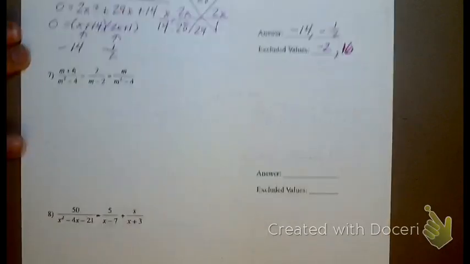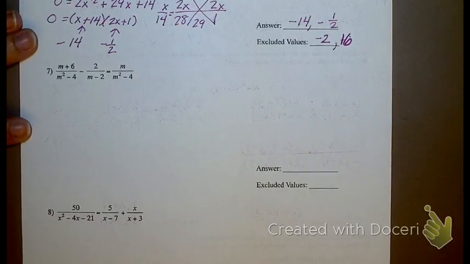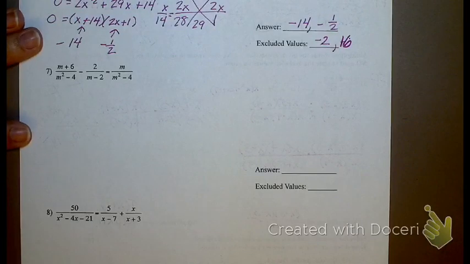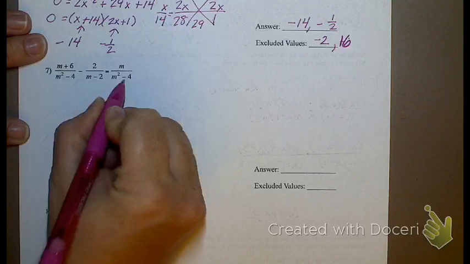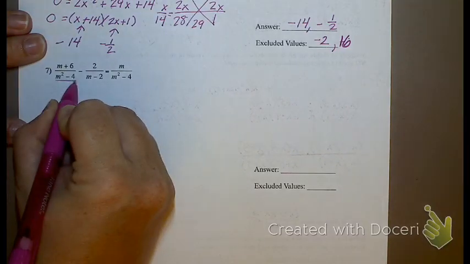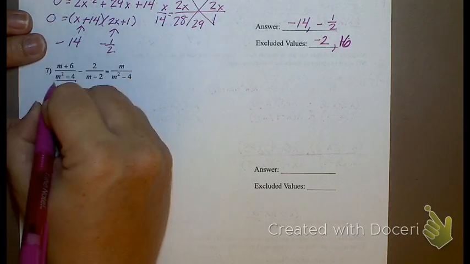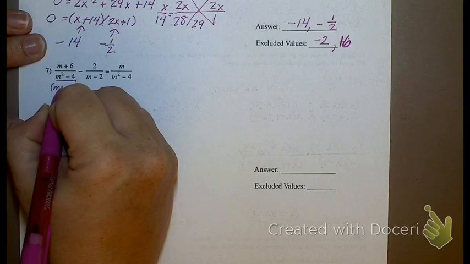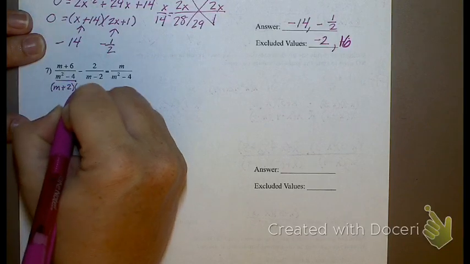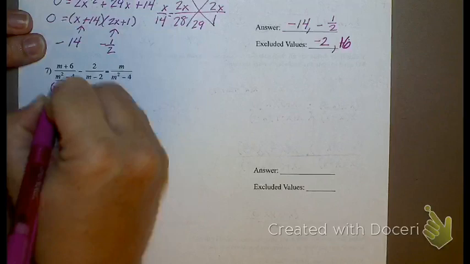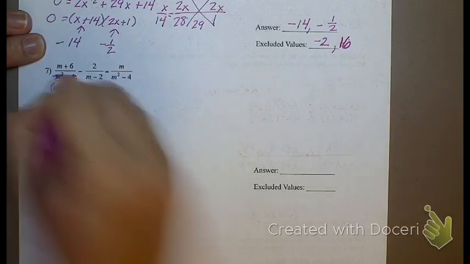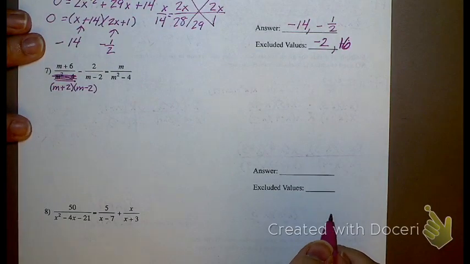All right. Numbers 7 and 8, for both of these I have to find an LCD first. So I'm going to look at my denominators. I see a difference of squares right here. So instead of m squared minus 4, I'm going to call this m plus 2, m minus 2. You okay with that?